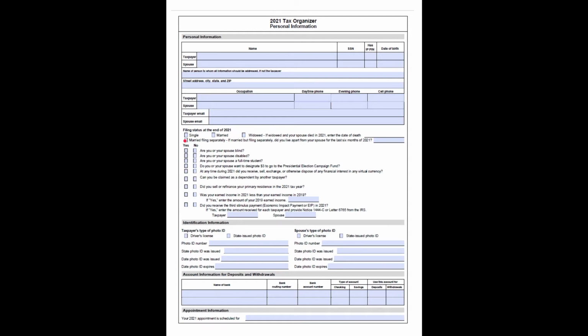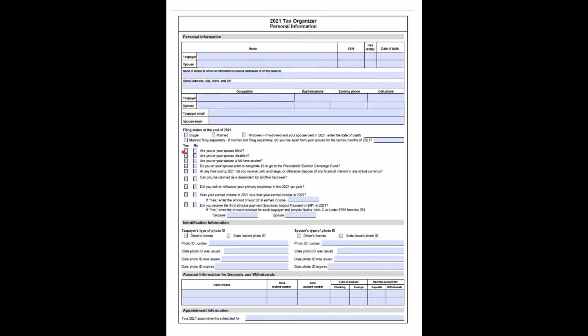Most of the time, the reason why one might choose this is if the other spouse may have had some IRS controversies or tax liability, and filing jointly is going to compromise your refund. Then it might be worth considering. Otherwise, you're generally going to be choosing one of these two boxes, single or married.